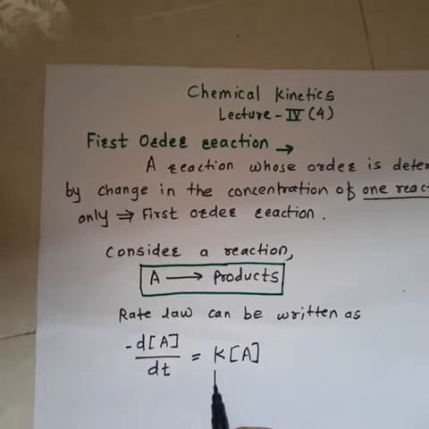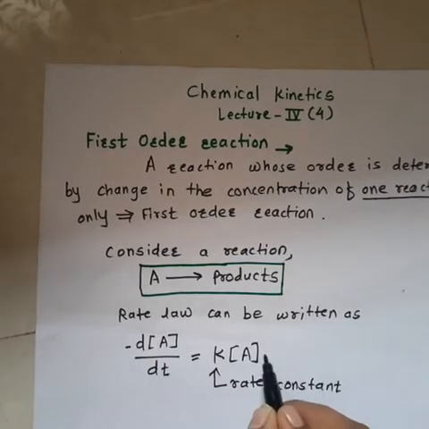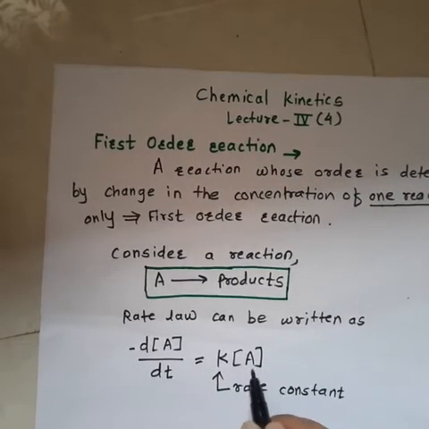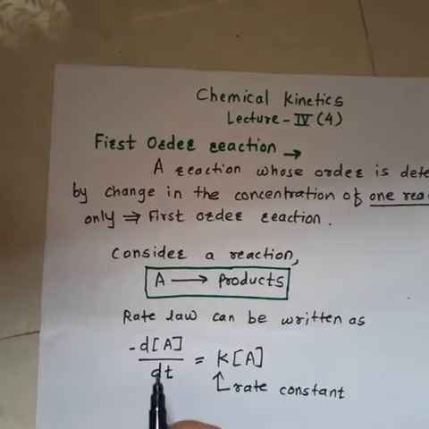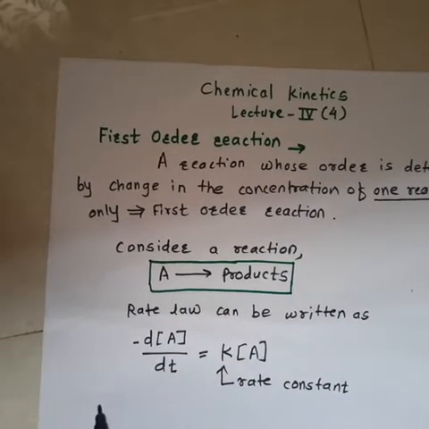What is this k? k is called the rate constant. And what is this A? The concentration of A. This is the rate law. Now how can we obtain the integrated rate law for a first order reaction?